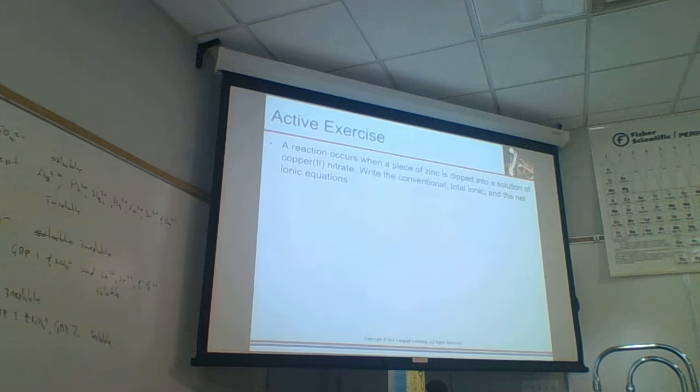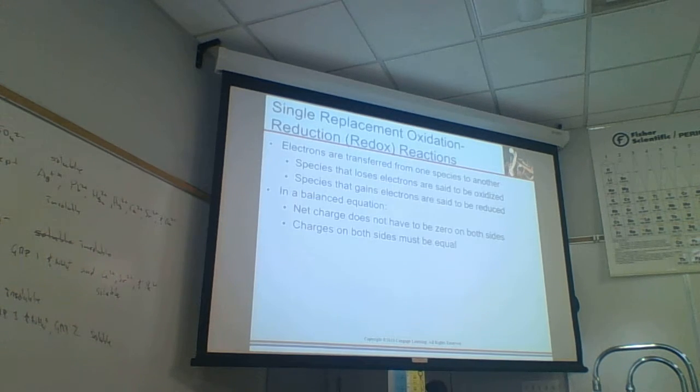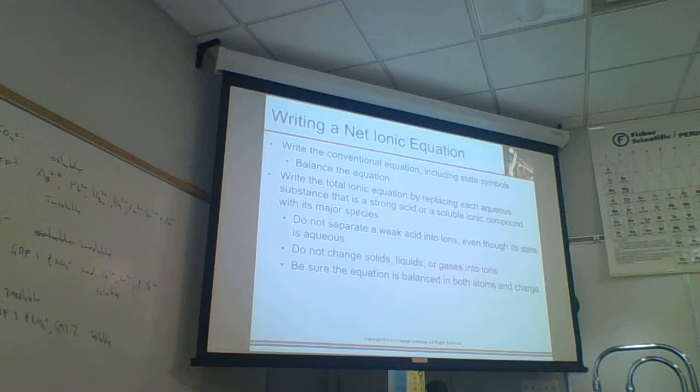Okay, so we jumped ahead to solubility. Now we're going to jump back to electrolytes. When we look at a compound, we look at two things. One, is it soluble in water or not? And two, if it's soluble in water, does it break apart completely, partially, or not at all? Those are two things we look at. One, is it soluble?